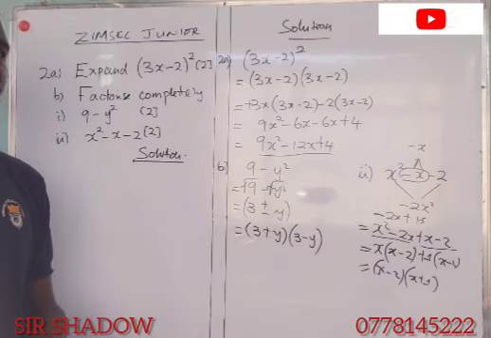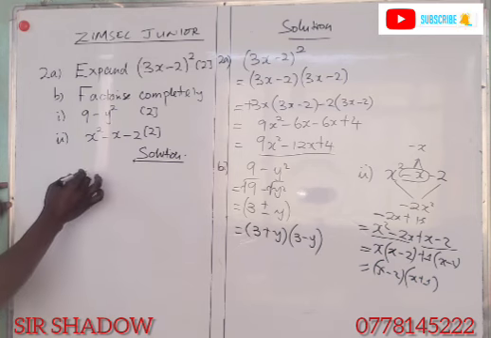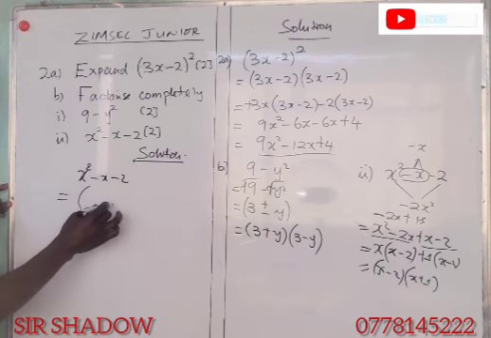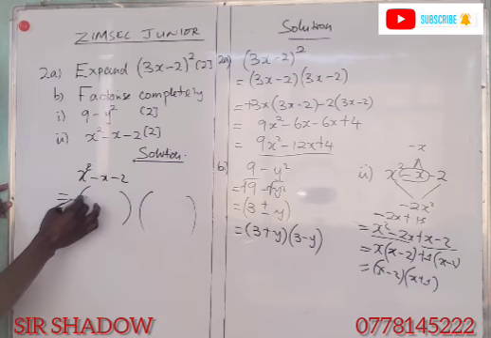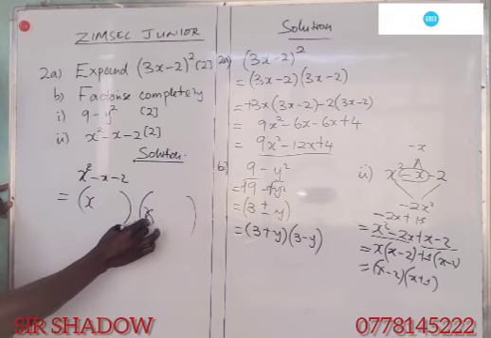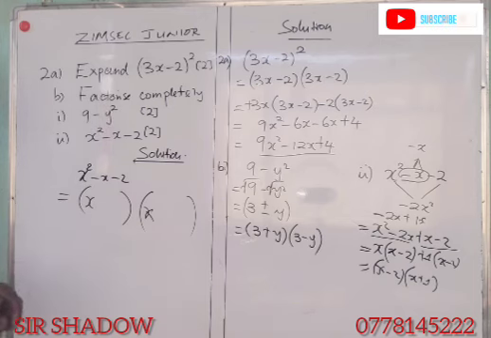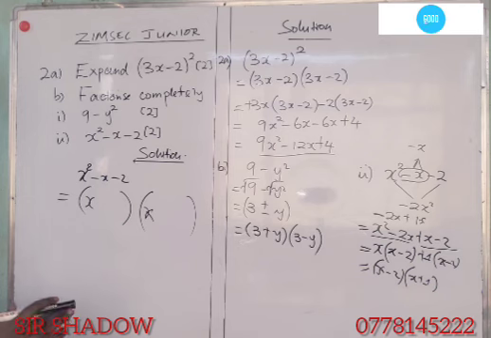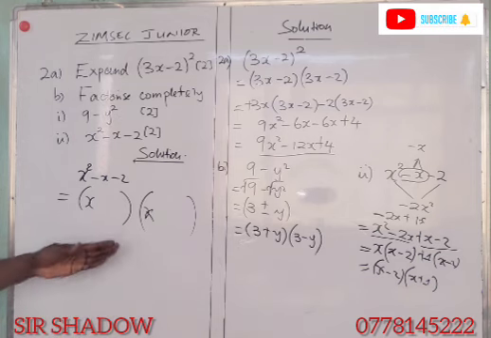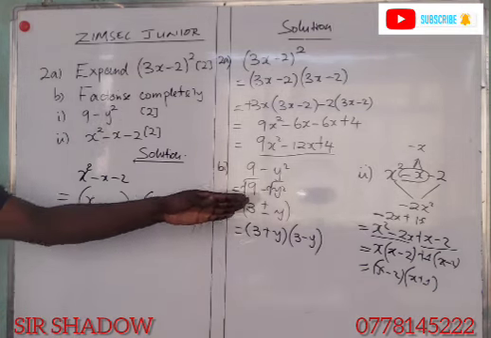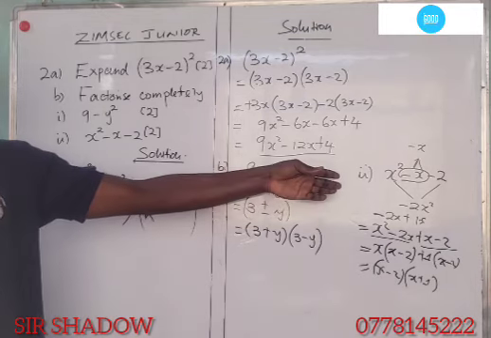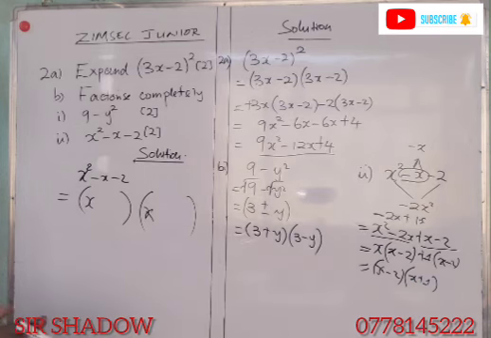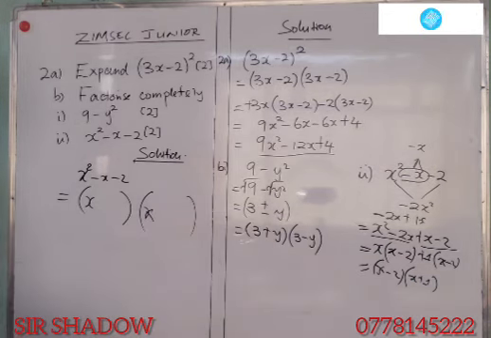And the second method, we are saying x squared minus x minus 2. Just note that if the coefficient of x squared is positive 1, this method can apply. And if the coefficient of x squared is not positive 1, or is even negative, then apply the first method.